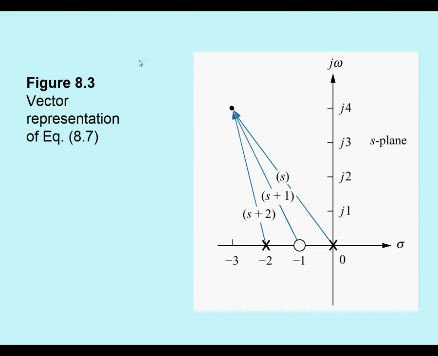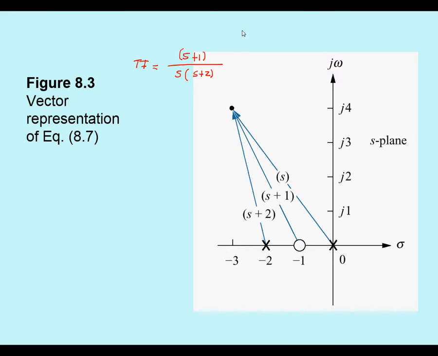This transfer function would look something like this. Let's see, transfer function G of S, or whatever we want to call it. In here, we are seeing that the numerator of this is going to be S plus 1, and the denominator will look something like S times S plus 2, see?